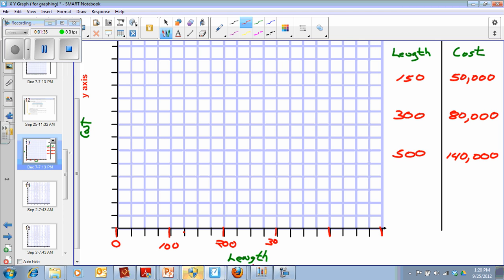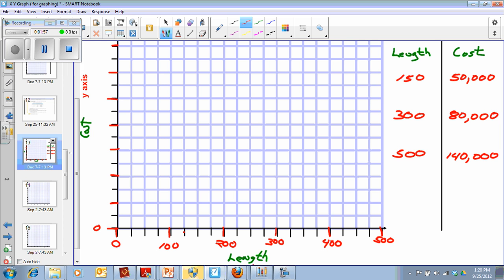Then on the y-axis, it looks like I need to get up to $140,000. I'm going to start at 0 and see if this will work: 20,000, 40,000, 60,000, 80,000, 100,000, 120,000, 140,000.